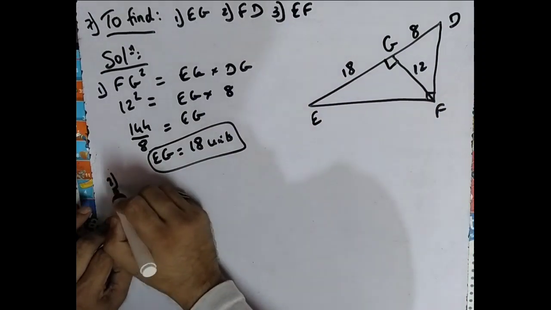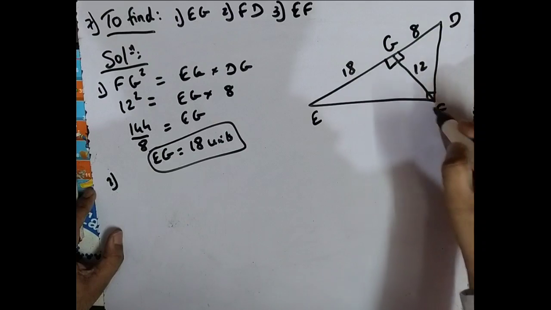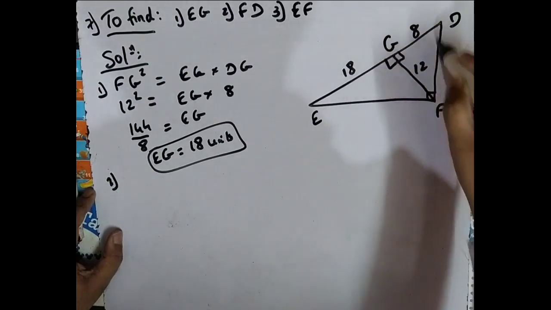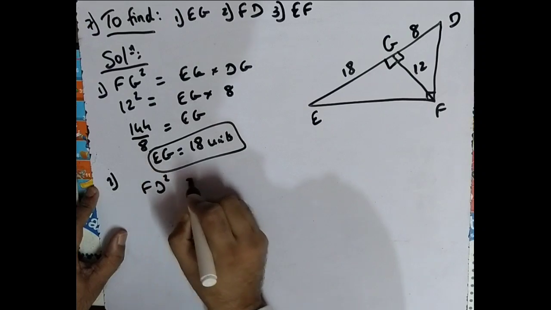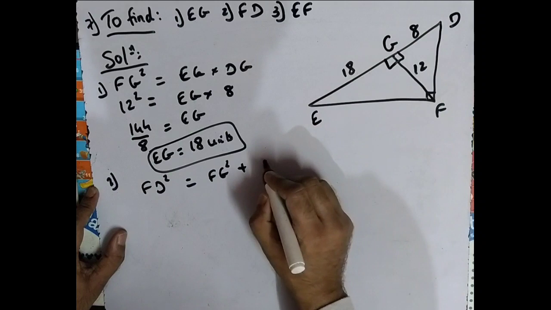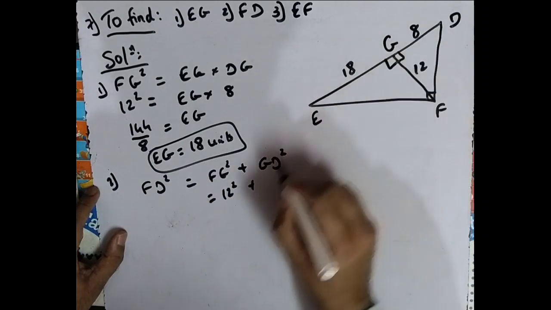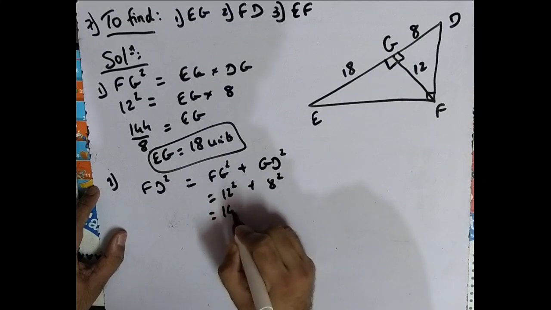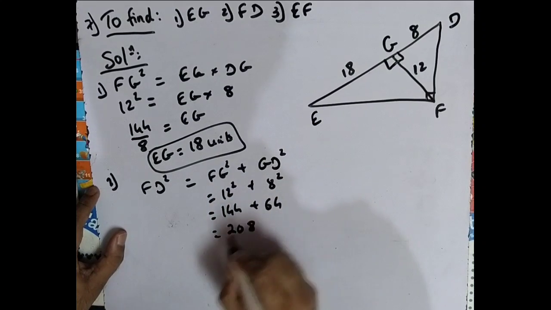Now we have to find out FD. So in right angle triangle FGD, by Pythagoras theorem, FD square is equal to FG square plus GD square, is equal to 12 square plus 8 square. 144 plus 64, 208.